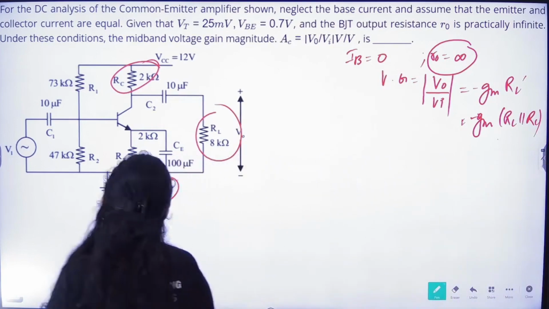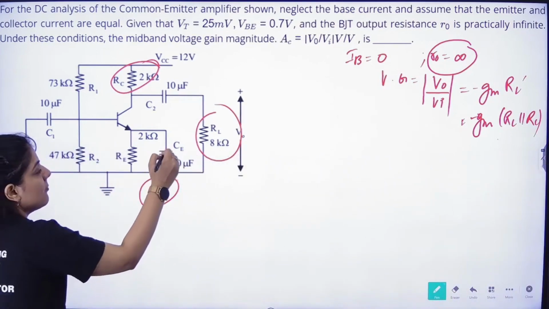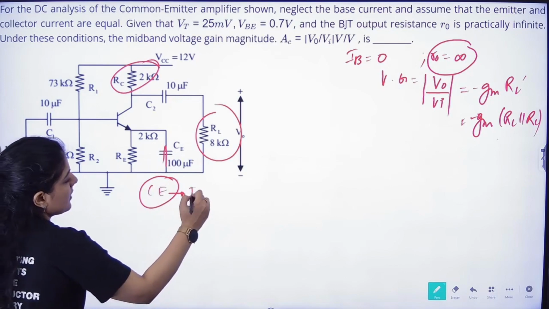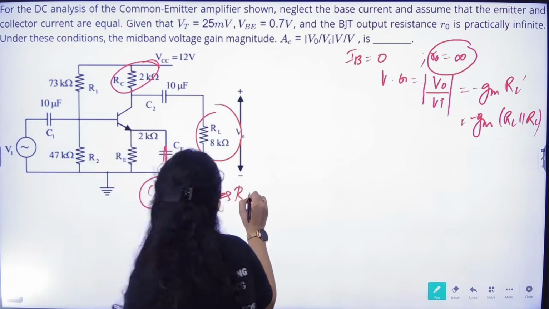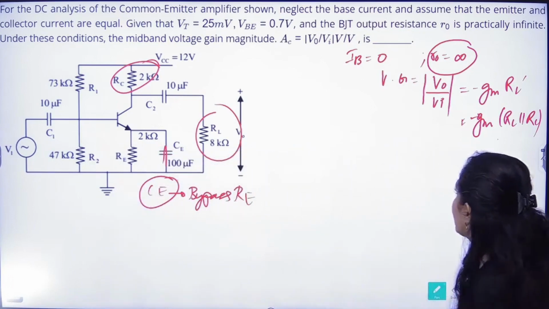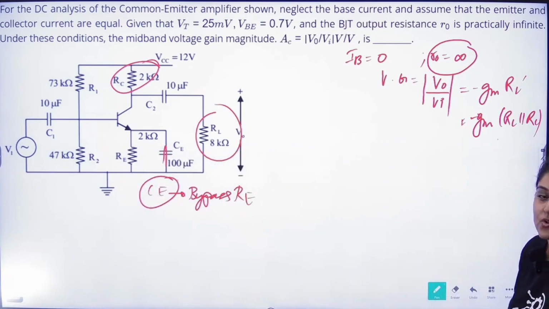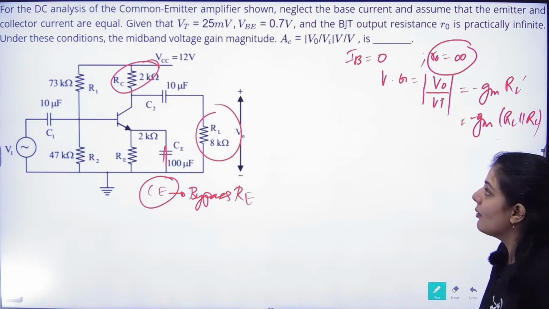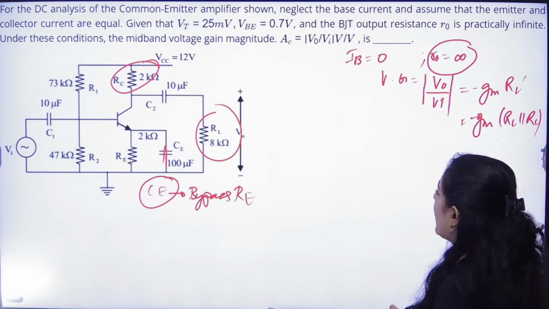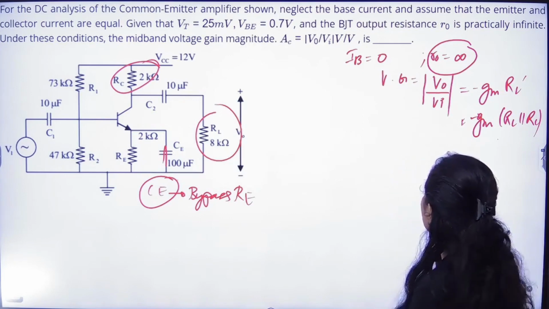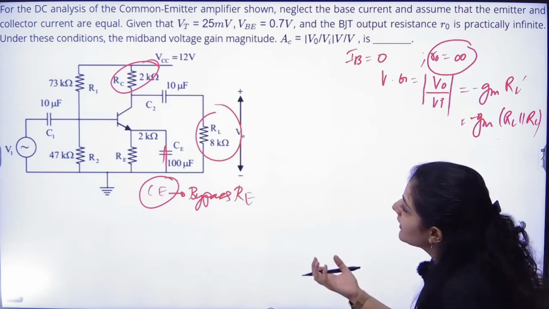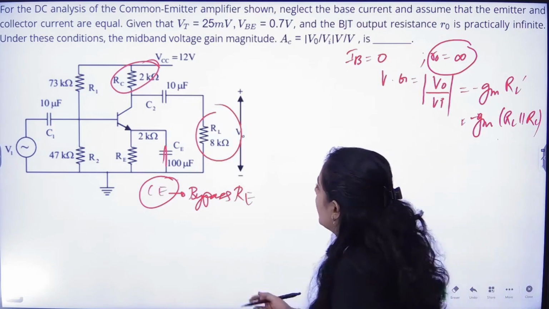Because we can see easily here it is a bypass RE case. So for the bypass RE case, voltage gain is equal to minus GM RL dash. Very easy to remember. Now what we have to find out is GM again. In order to find GM, we have to do the DC analysis for this particular circuit.